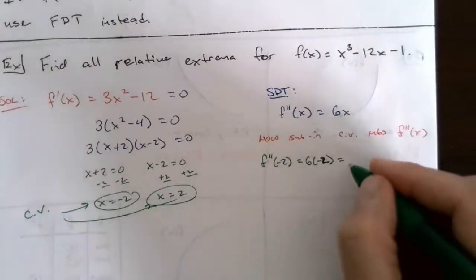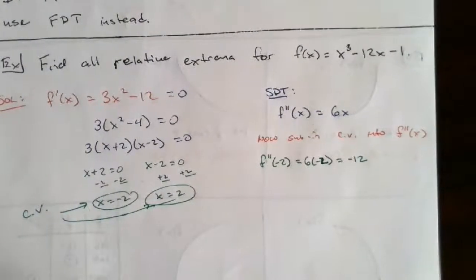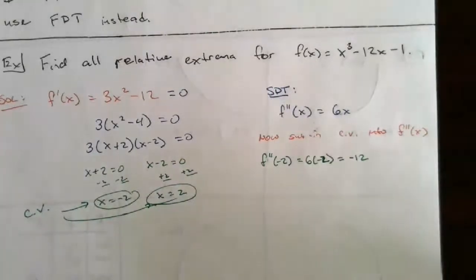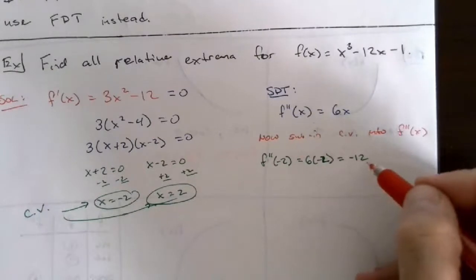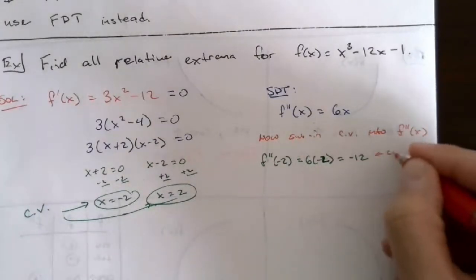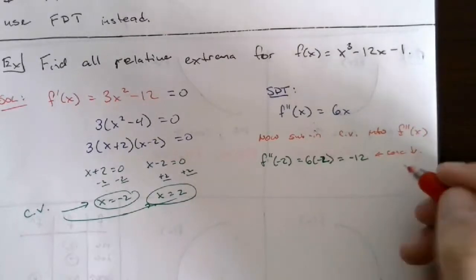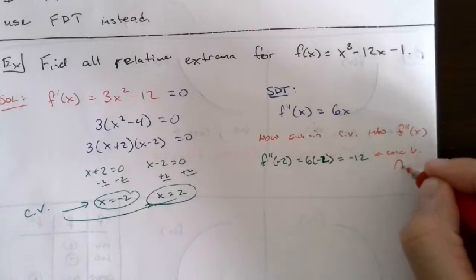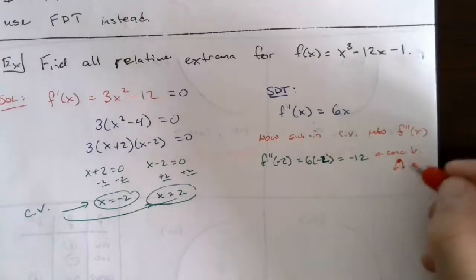which equals -12. Now remember, the thing I care about here is the sign on this. The sign here is negative, and the second derivative being negative tells you that the graph is concave down. But if it's concave down, is this going to be a max or a min at -2? Well, concave down looks like this. So that point would go upward, then come back down.